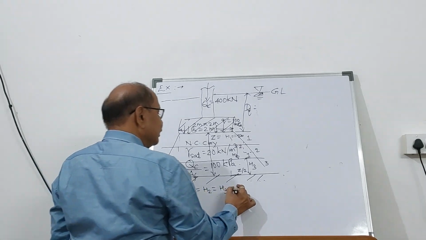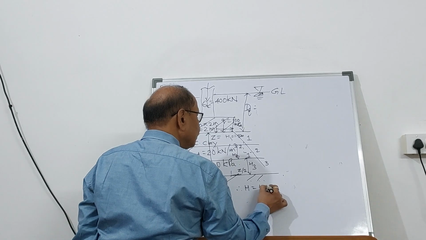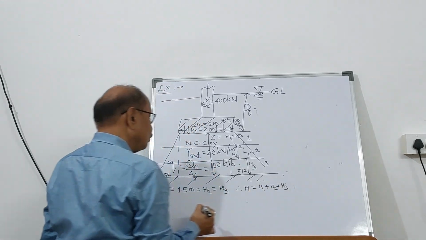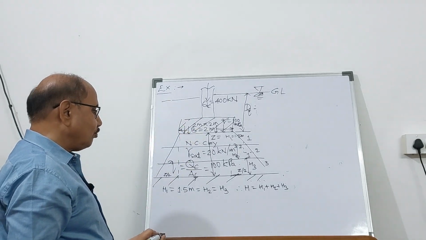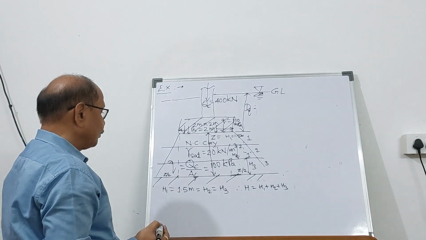So total H equals H1 plus H2 plus H3, which becomes 4.5 meter. So the zone of influence has been divided into 3 parts.